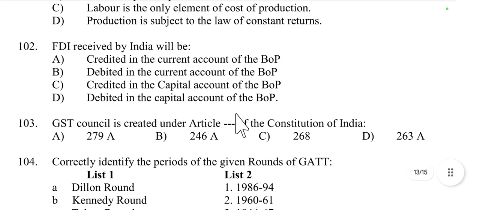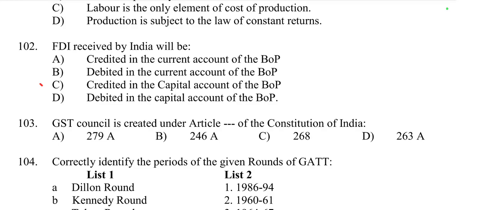Then question number 102. FDI received by India will be, FDI meaning foreign direct investment. It will be credited in the current account of the balance of payment, or debited in the current account, or credited in the capital account, or debited in the capital account. FDI is a capital account item.